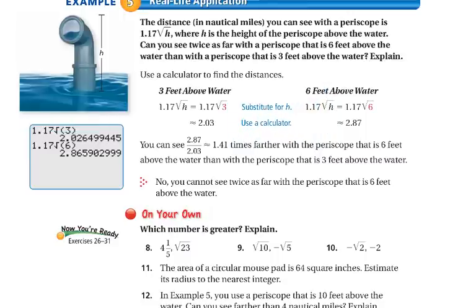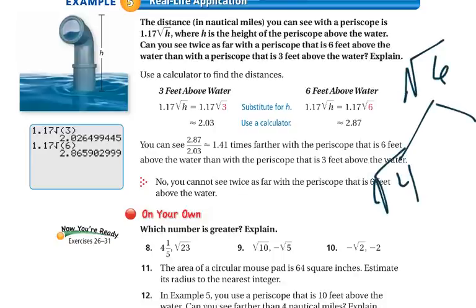You can always use a calculator and calculate it, but I don't want you to do that. So 6 feet for today's lesson. 6 feet above the water would be the square root of 6. Well, that falls between the square root of 4 and the square root of 9. The square root of 4 is 2. The square root of 9 is 3.